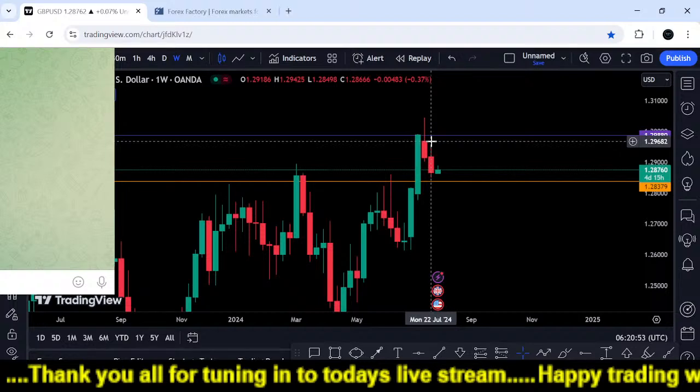The moment price broke through this side, it changed direction to an uptrend. So now daily is in an uptrend, and H4 is in an uptrend. So what we are going to do is this: this is the zone that we can trade within.